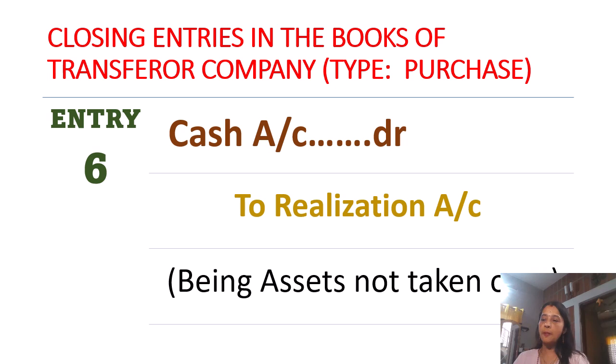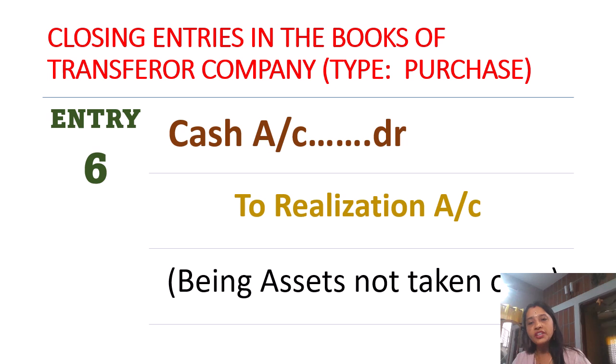Sometimes the transferee company may not take all the assets. So a few assets will be kept by the transferor company. If they keep them back and don't send them to the new company, they should dispose of them. They should sell them. When the transferor company sells the assets, cash comes in. When you transferred them to the realization account, you transferred them on the debit side.